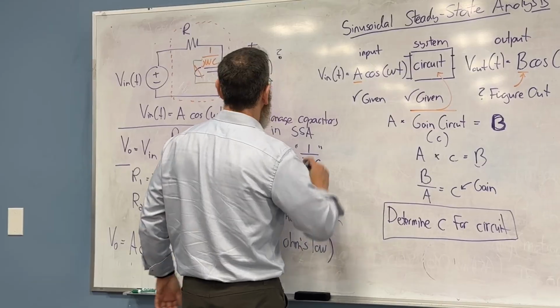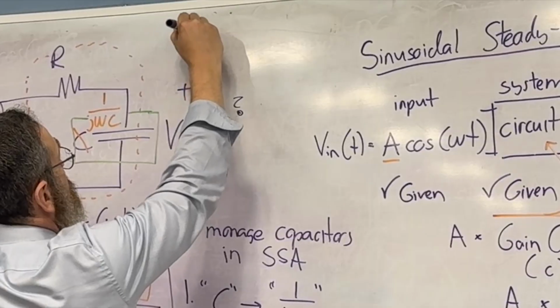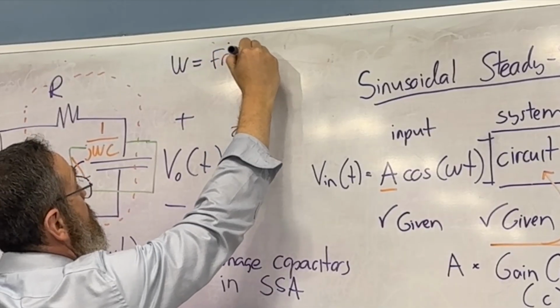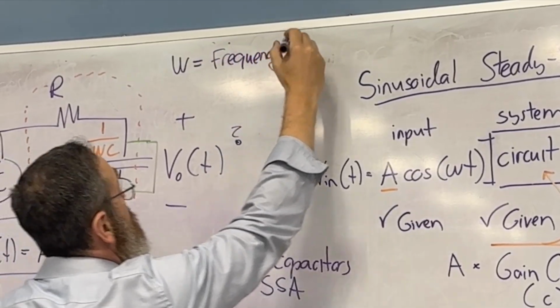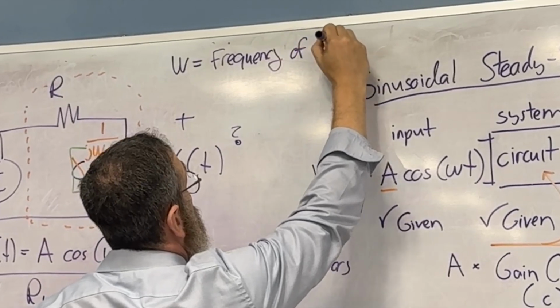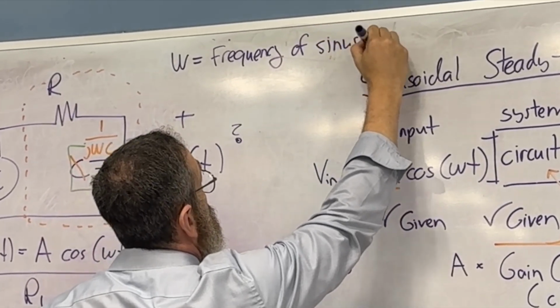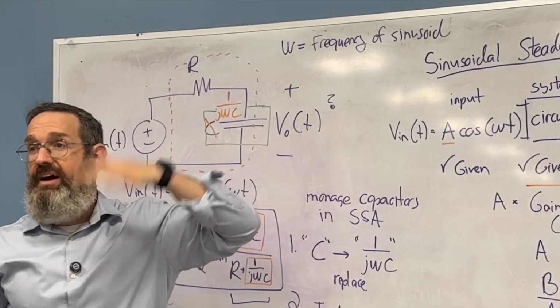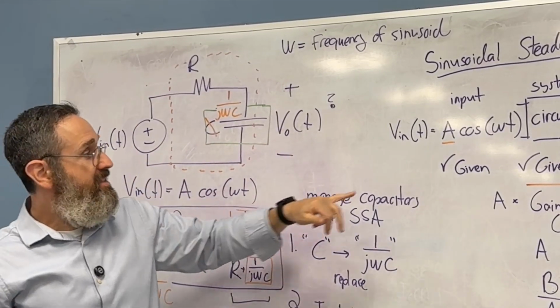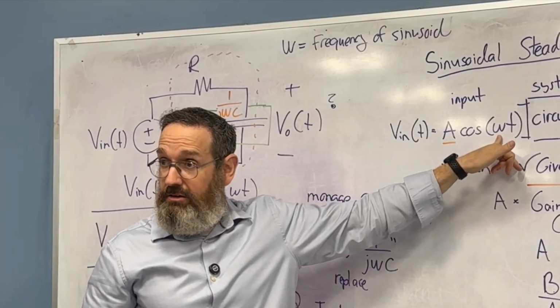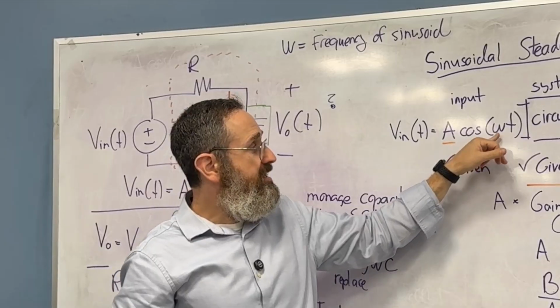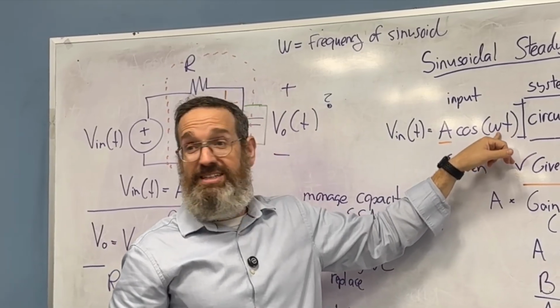Okay. W, right, is the frequency of the sinusoid. Okay, it's the angular frequency, but it's the frequency. It's how fast it wiggles. It is this value here. So if it's 3 cosine of 10t, W is 10.